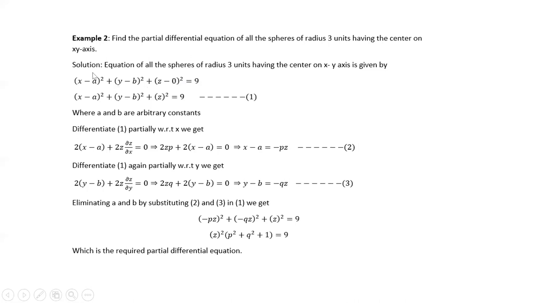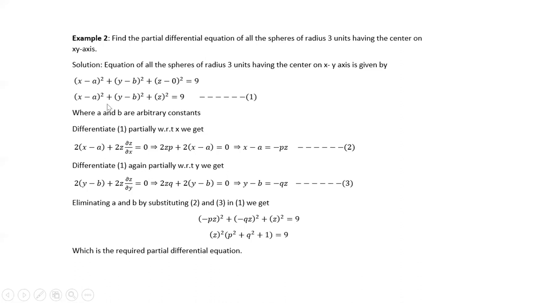That is why this. Otherwise, the standard equation of the sphere is (x minus a) the whole square plus (y minus b) the whole square plus (z minus c) the whole square equal to square of the radius. So because we have center on the x and y axis, we have only those terms and the coordinate of z becomes 0.